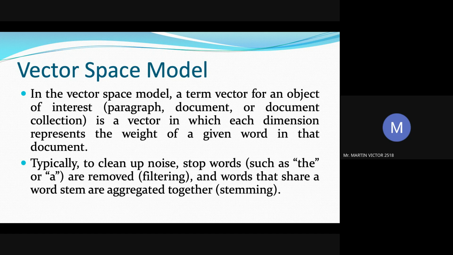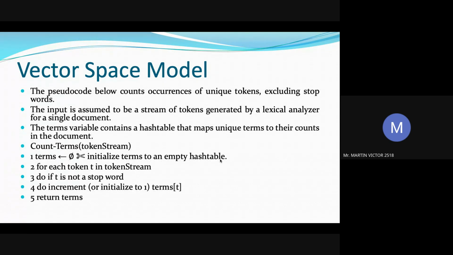So the main set of words will be taken into account. I have given a pseudocode for calculating the frequency, the count of the words, and also to remove the stop words.